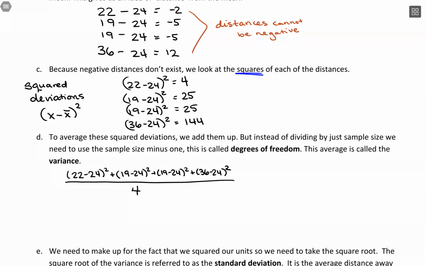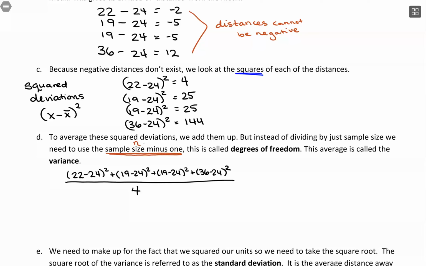However, one little thing we need to do here, and it comes through from making up for some error that's occurring in this. We won't go too deep into this, but because of some error that we need to make up for, instead of dividing by just sample size, we actually need to divide by sample size minus 1.